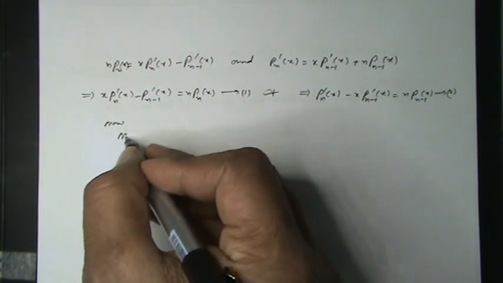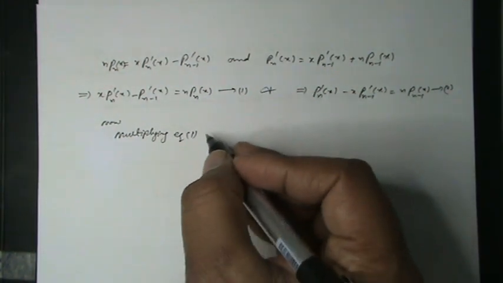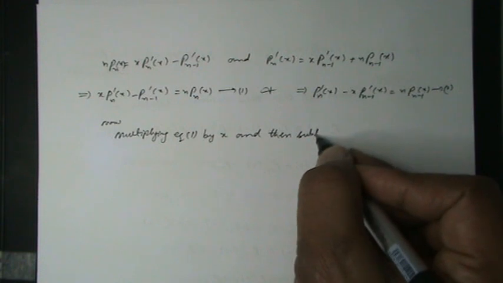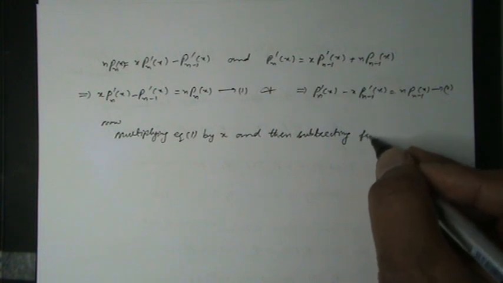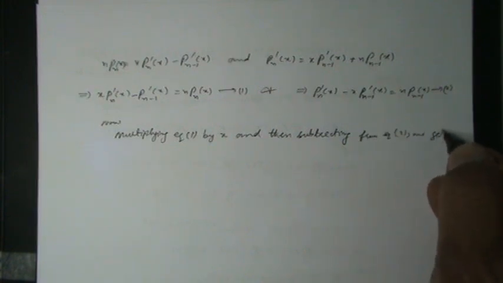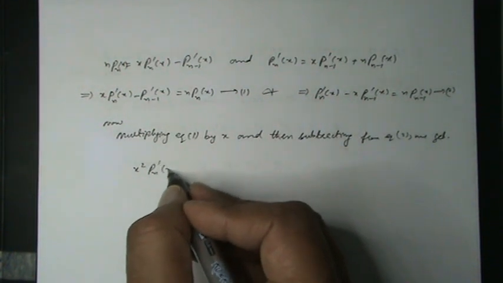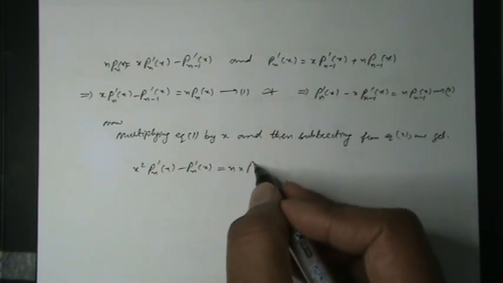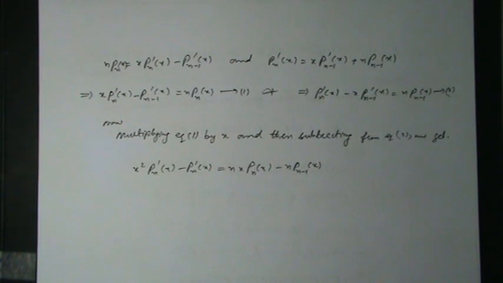Now multiplying equation 1 by x and then subtracting from equation 2, we get x² Pn'(x) - Pn'(x), very easy step, note it, = n x Pn(x) - n Pn-1(x).